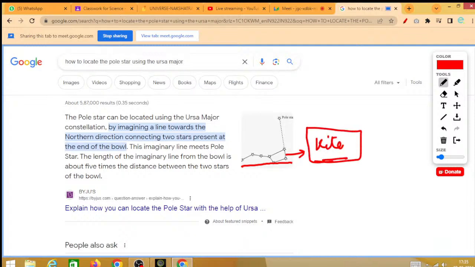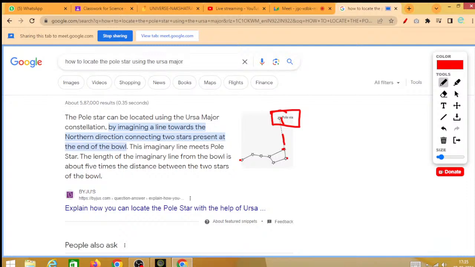So we take this point and this point, which is right opposite here, and then we extend this line to get to the pole star. In Hindi we call it the Dhruv Tara. This is how we identify the pole star.